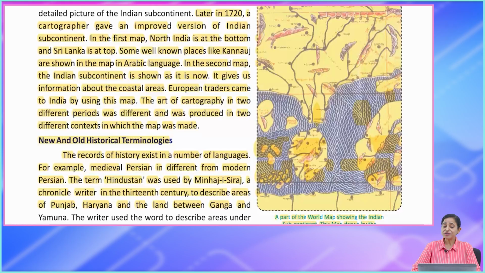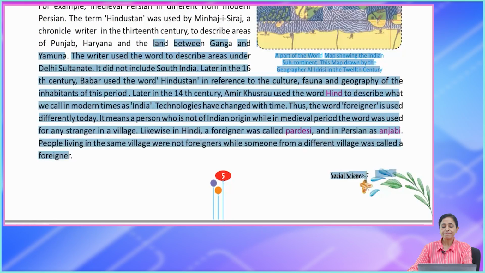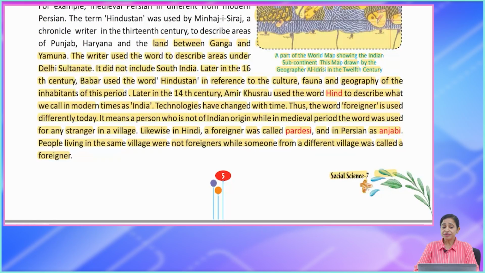The records of history exist in a number of languages. For example, medieval Persian is different from modern Persian. The term Hindustan was used by Minhaj-e-Siraj, a chronicle writer in the 13th century, to describe areas of Punjab, Haryana and the land between Ganga and Yamuna.